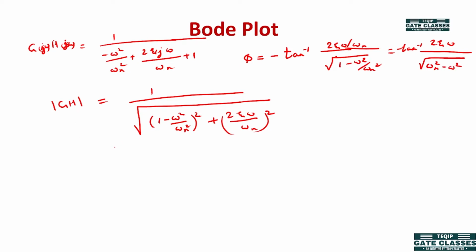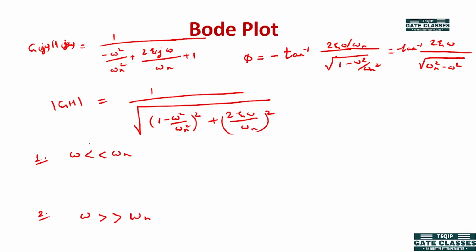So again we will take it for very low frequencies, when omega is much less than omega n, and very high frequencies, when omega is much greater than omega n.